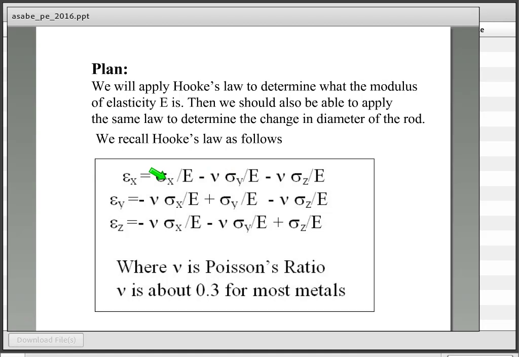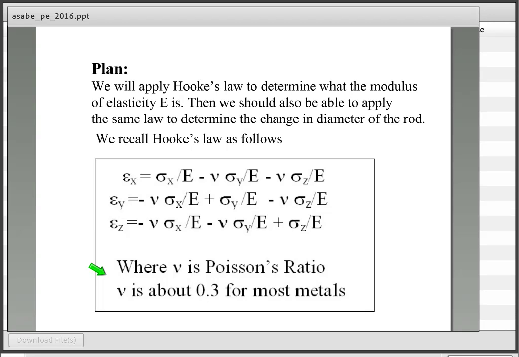We'd have stress in the x direction, but sigma y and sigma z would be zero. We'd have to know something about Poisson's ratio if we had loads in those other directions, and that's simply the ratio of the transverse strain to the axial strain for the material. In the case of most metals, it would be in the neighborhood of 0.3.